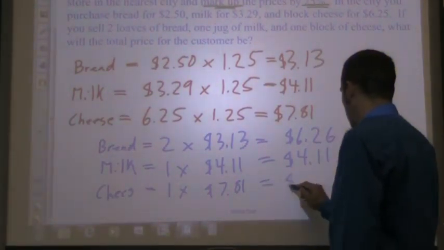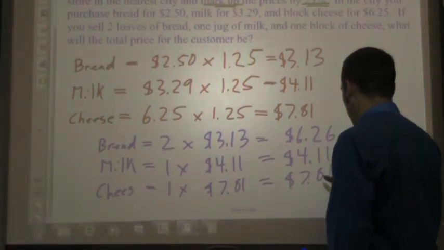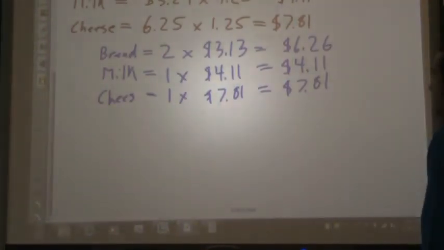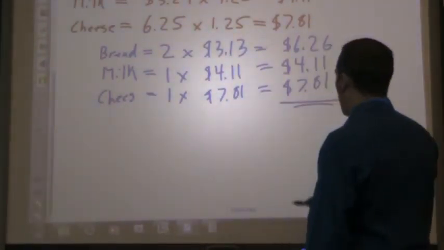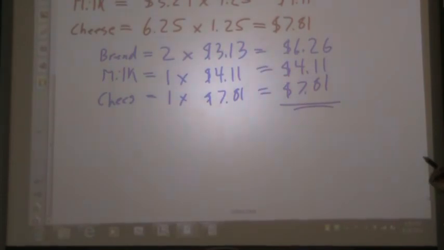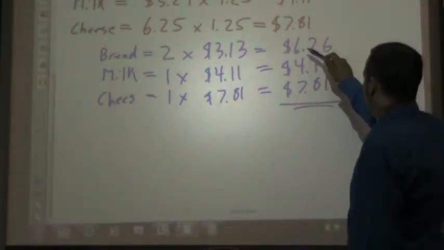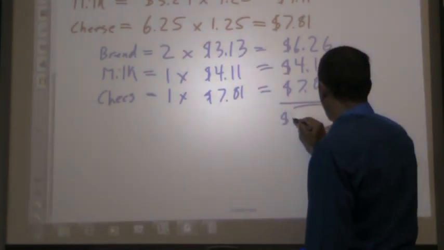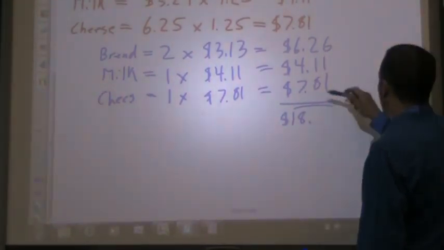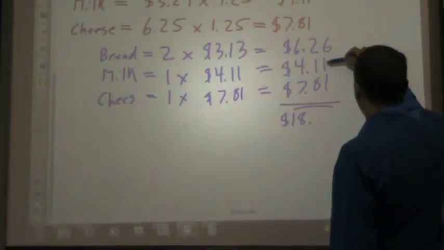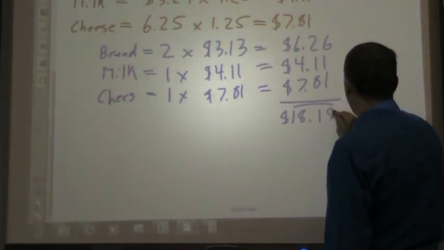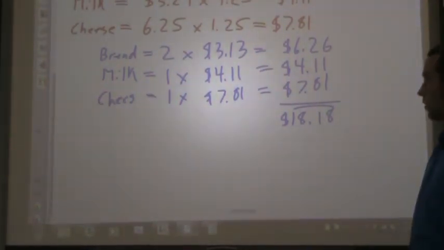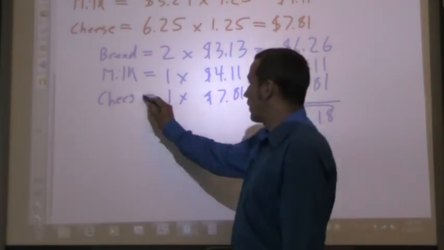So put that there. And now all I have to do is total them up. See what's the actual total going to be. Okay, so 10, 17, $18.18. So there's the total for all of your items.